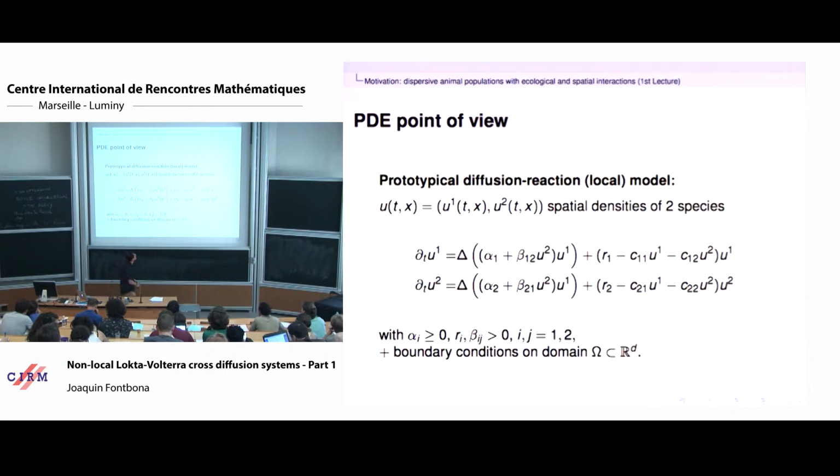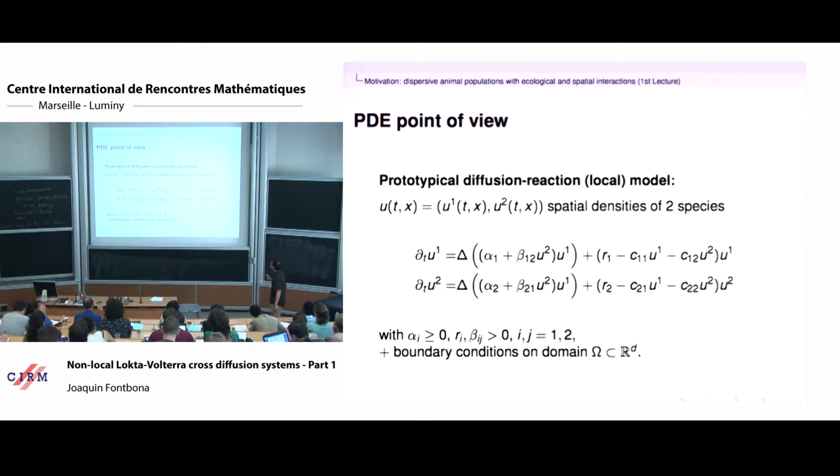As you saw in the previous course, this is the prototypical PDE used to formulate these questions. You have a competition, or well, this is the reaction part, which takes into account the mass for each population of type 1 and 2. This accounts for the demographic behavior.